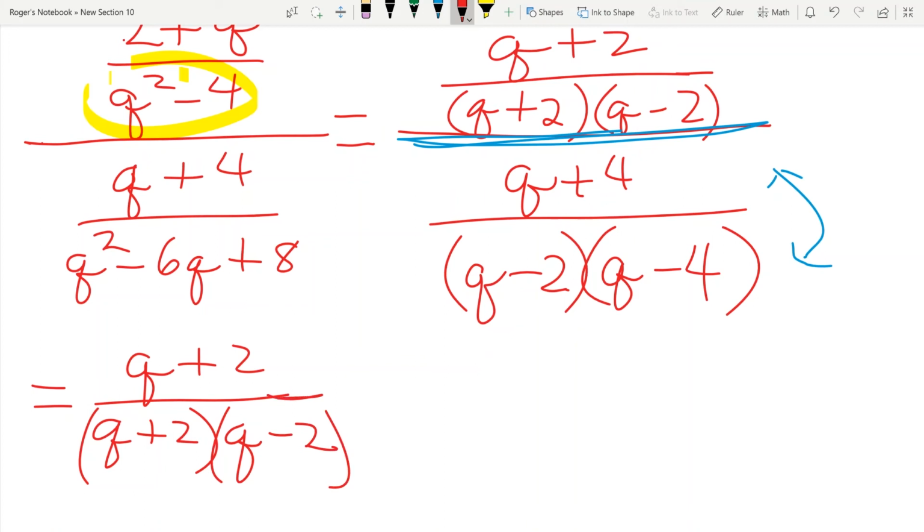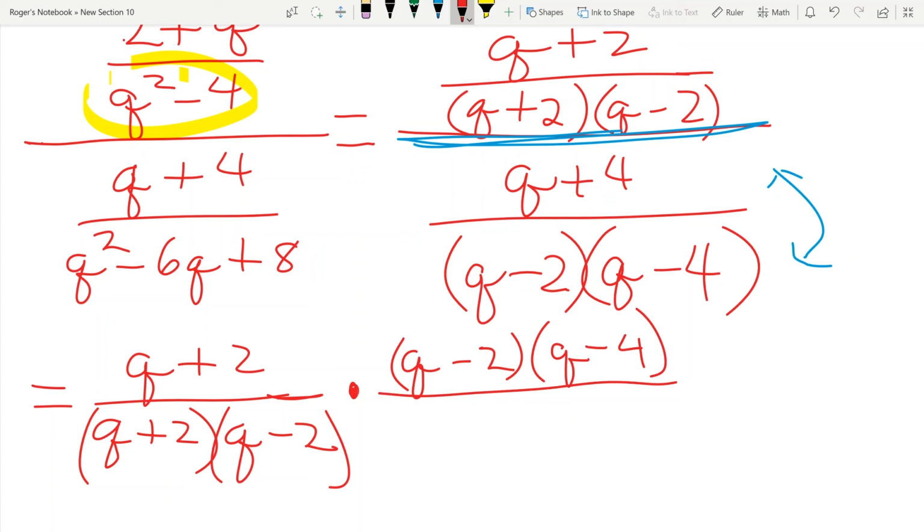Okay, that's my numerator. And then I'm going to be multiplying by the second fraction flipped over. Q minus 2 times q minus 4 all over q plus 4.